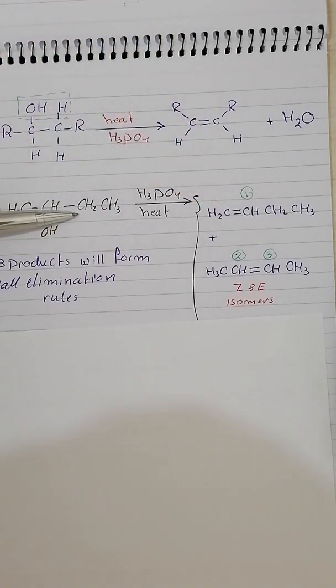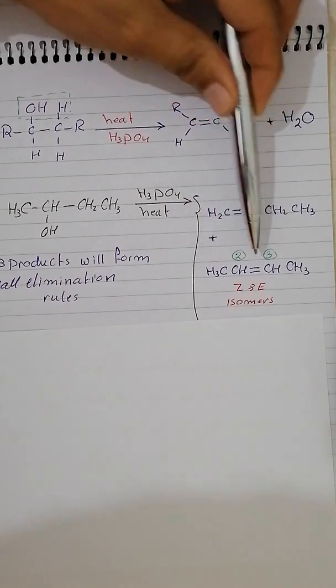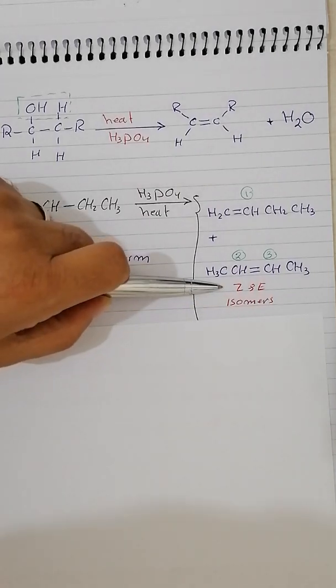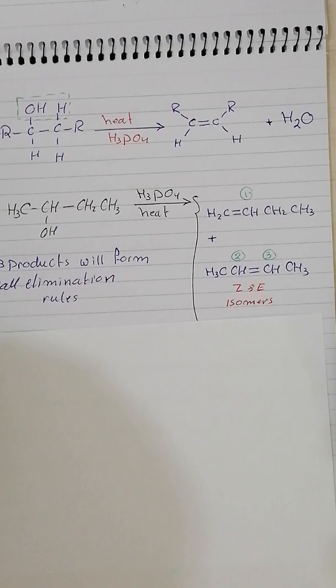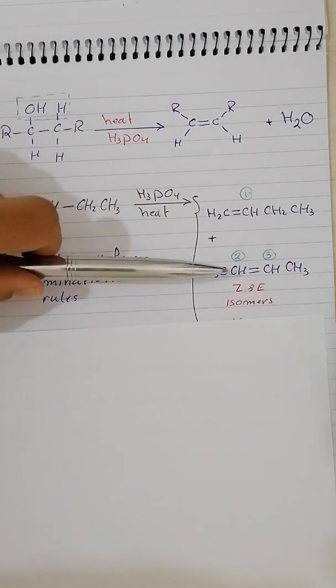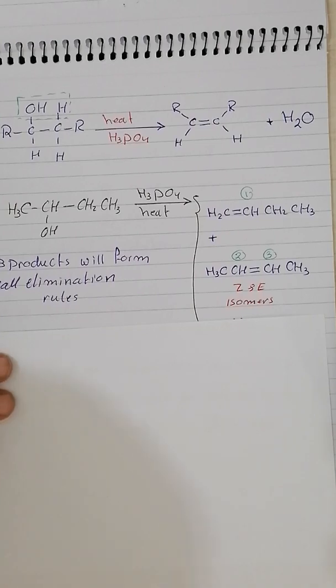While if we remove the hydrogen on the other side, from the third carbon if we count from this side, we will get this compound, where the double bond is between the second and the third carbon. It's 2-butene. Here we have Z and E isomers. Okay, so we can get three products: 1, 2, and 3. We have three products here.